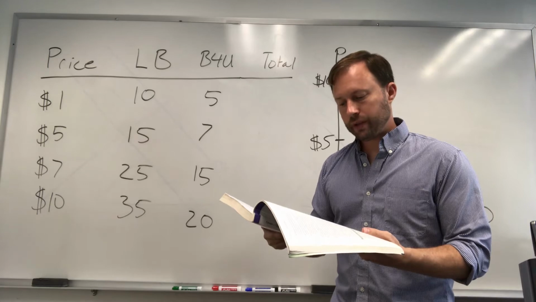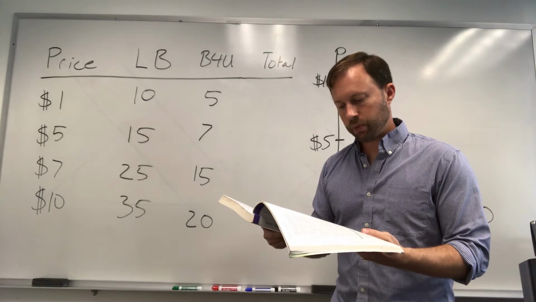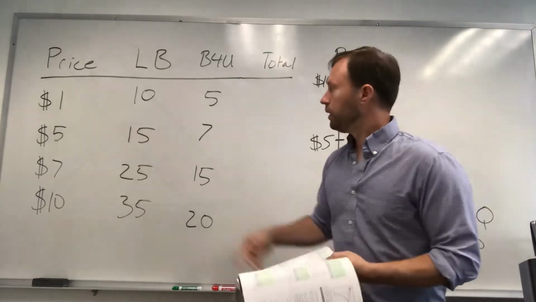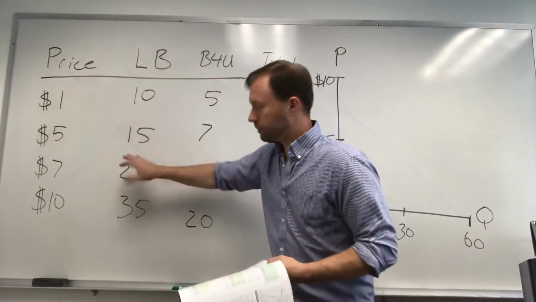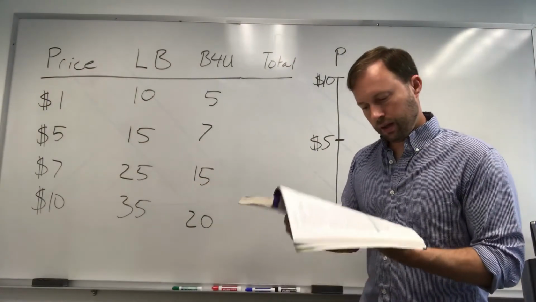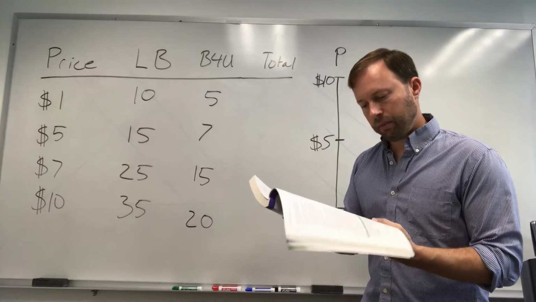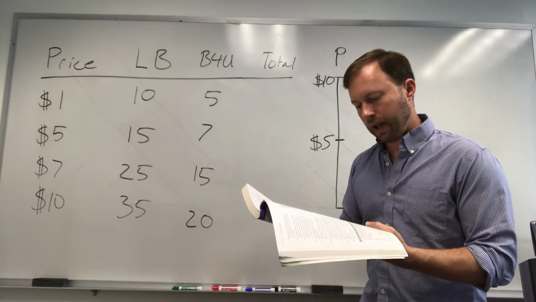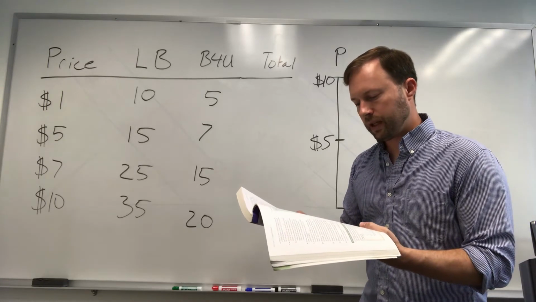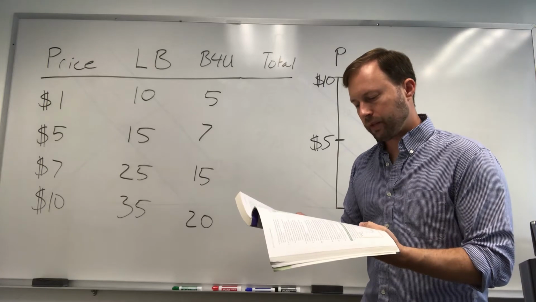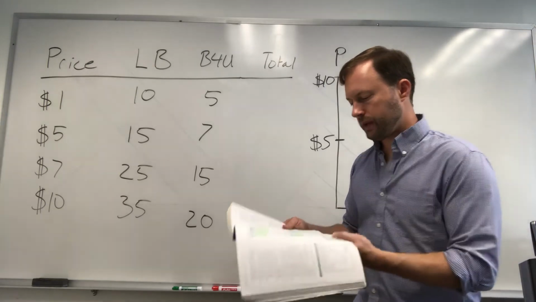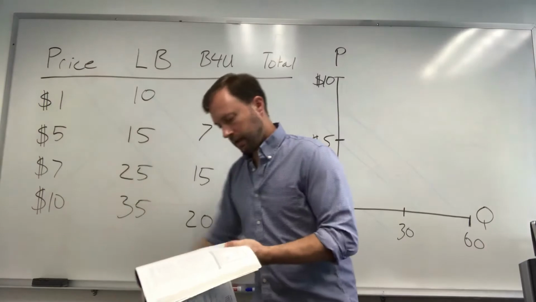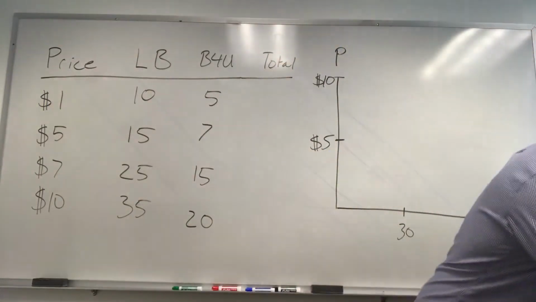Draw the supply curve for the light bulb industry in Springfield from the following tables, which are given in the textbook and I've reproduced here. To create this light bulb industry supply curve, note that you'll add up the total number of bulbs that the industry will supply at a price of $1, then do the same for prices of 5, 7, and 10.